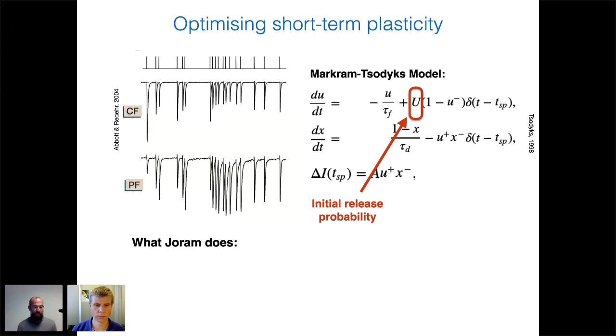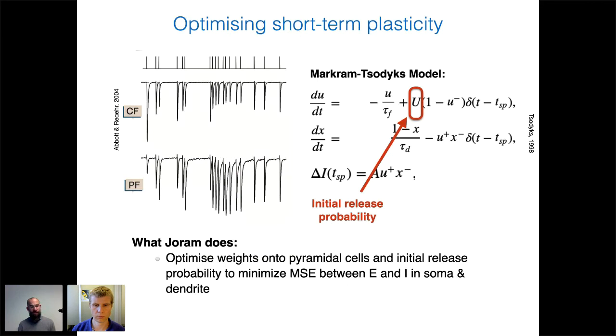And so what Johan then did is he optimized the circuit, that is, the weights onto the pyramidal cells and the initial release probability of the incoming synapses, to minimize the mean squared error between E and I, excitation and inhibition, in the soma and in the dendrite. Because this is a recurrent circuit, you have to backprop through time.